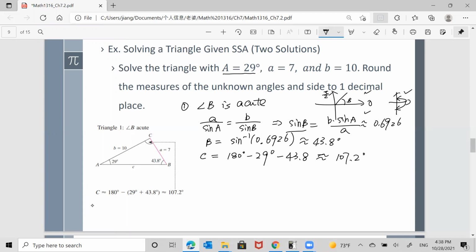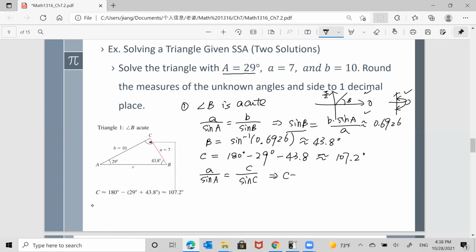What's the next step? Next step, we need to find the length of c. So a and A are given. So a over sine A equals c over sine C. We are looking for lowercase c.